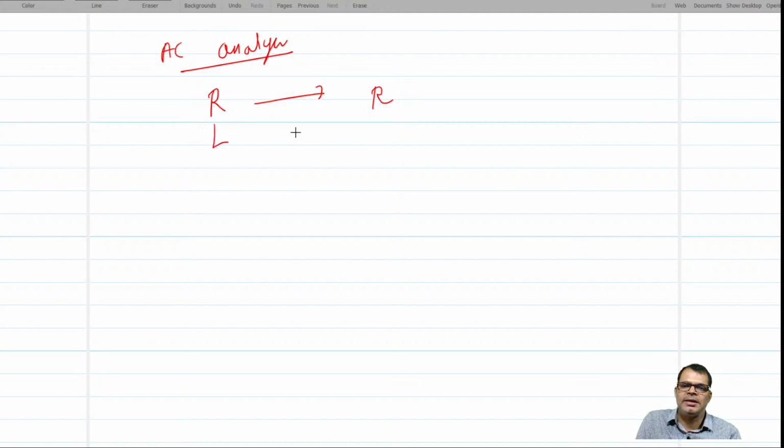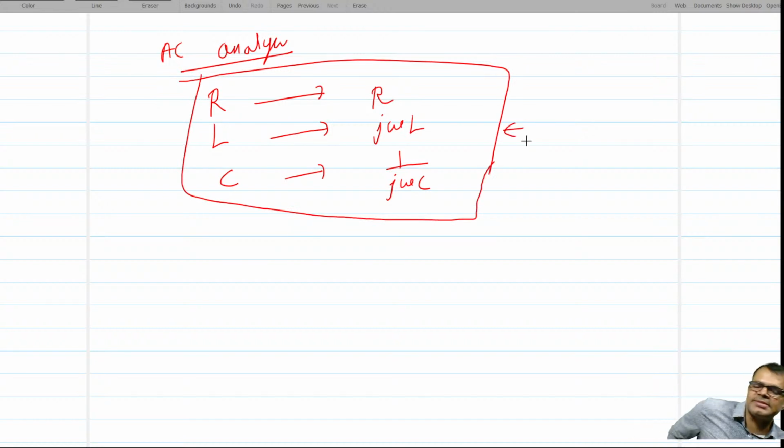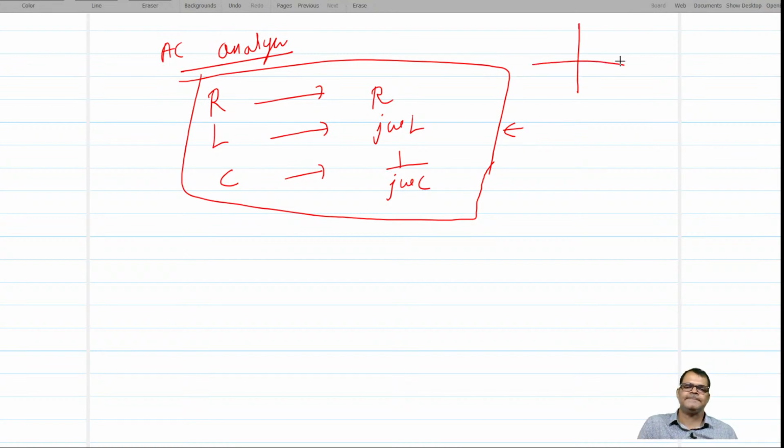An inductor is converted into j omega L, and a capacitor is converted into 1 upon j omega C. If you know these together with the phasor representation, then I think you know everything of AC analysis together with phasor representations. Let us do some drill.